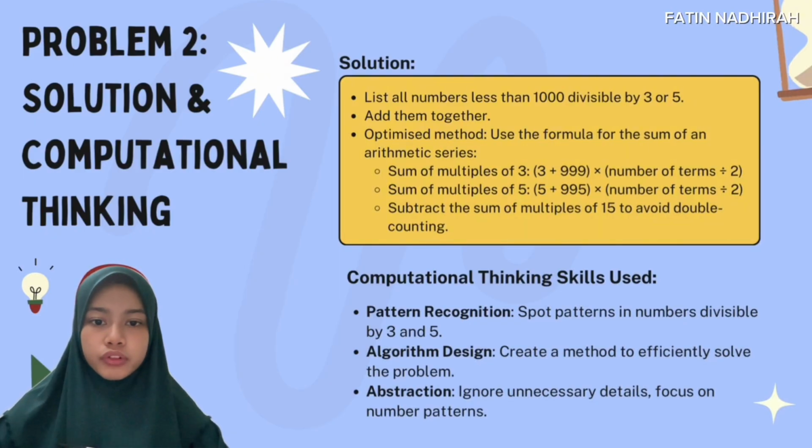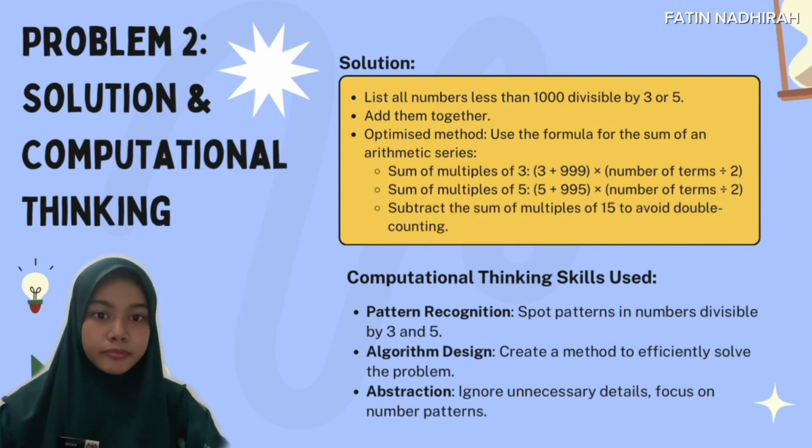The formula for the sum of an arithmetic series is the first term plus the last term, multiplied by the number of terms, divided by 2. So for multiples of 3, the sum is 3 plus 999, multiplied by 333, divided by 2.